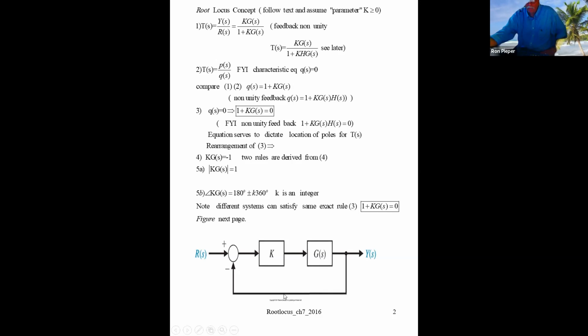I don't remember the book making a big deal out of this, but it's important for you to know that we're not really constrained in this method to having unity feedback. I think to start the discussion, that's why the author chose not to include the possibility of non-unity feedback. But I'm going to mention it along the way, so there won't be any surprises later when the effects of non-unity feedback pop in.